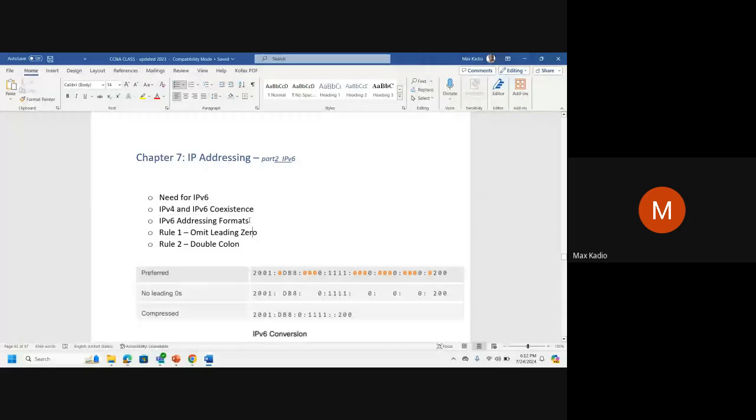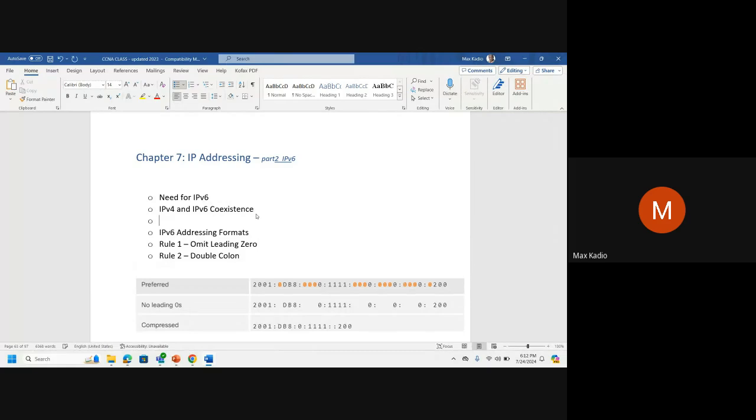Then we'll see the IPv6 addressing format, then some rules, then the types of IPv6. Then we play around with how to omit leading zeros and how to use the double colon.